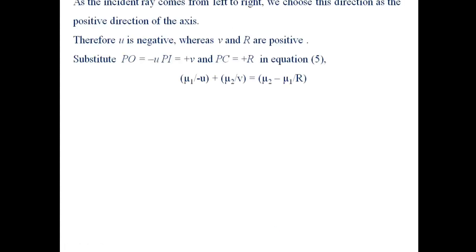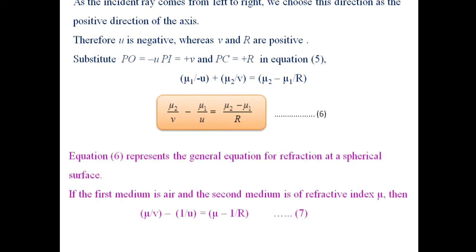Now, as the incident rays come from left to right, we choose this direction as the positive direction of the axis. Therefore, u is negative, whereas v and R are positive. Now substitute the value of PO as minus u, PI as plus v and PC as plus R. So we can write mu1 upon minus u plus mu2 upon v is equal to mu2 minus mu1 upon R. Now this equation represents the general equation for refraction at the spherical surface.